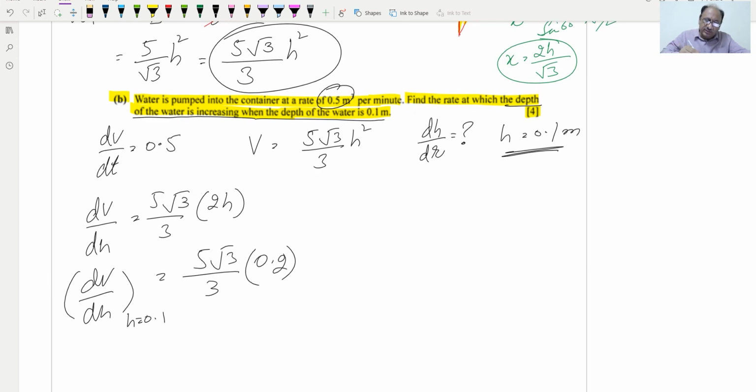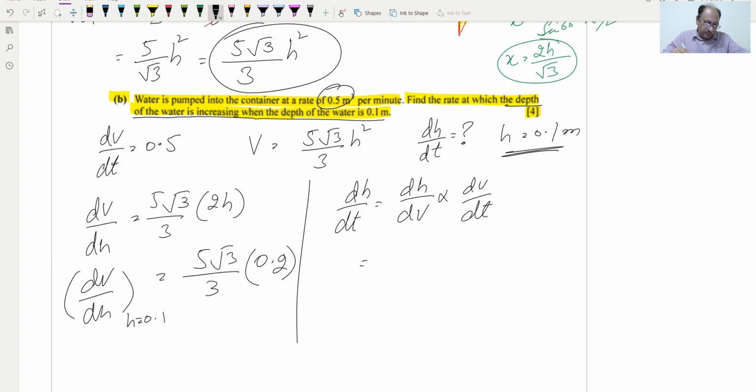and then we can write dh by dt. So dh by dt will be equal to, basically it's not dr, it's dt. dh by dt is equal to dh by dv into dv over dt. So dh by dv will be the reciprocal of this one.